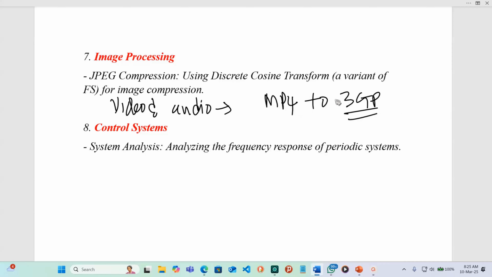So you'll be able to view this video and actually enjoy. But if it was in MP4, we would not be able to do that. So the math that helps us compress an MP4 file to a 3GP file is the Fourier series, and of course with the help of a transform. In control systems, analyzing the frequency response of periodic systems, we apply Fourier series and Fourier transform.